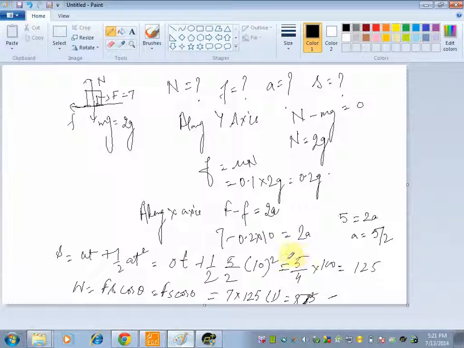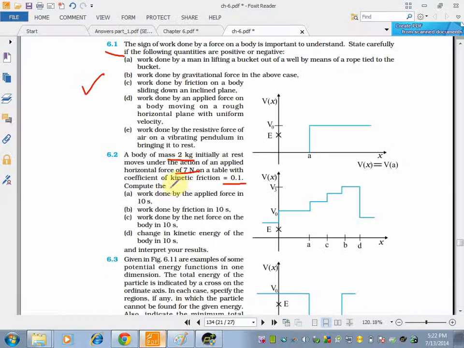It will be near the exact answer because I have taken g as 10. Finally, this question is over and the work done by the external force, the applied force, we have calculated.